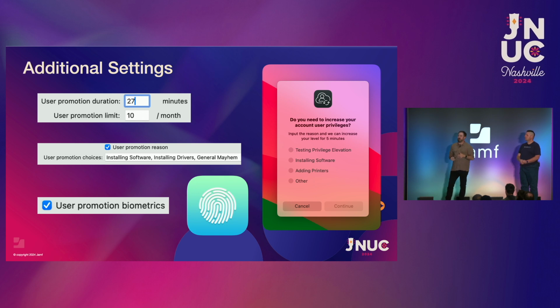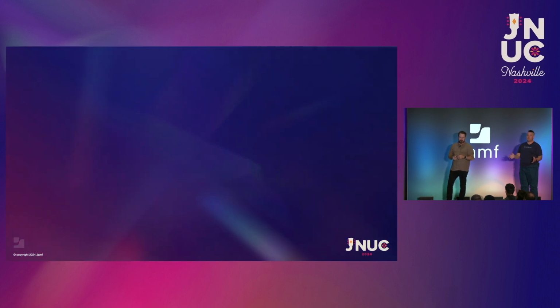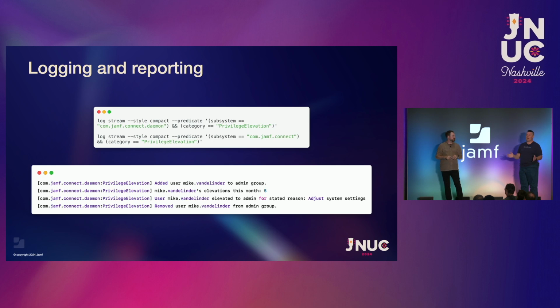So somebody could go through a biometric check and gate access to privileges behind that. Side note too, there is nothing in the operating system that lets you stop a user from failing the biometric and falling back to password, which would make a great Apple feedback if you think that you should just have biometric available. Feedback.apple.com. On the biometric front as well, we have just added support for WebAuthn. So if you want to use passkeys, YubiKeys, anything that's WebAuthn based, FIDO2 based authentication, that's also available as a part of that escalation flow.